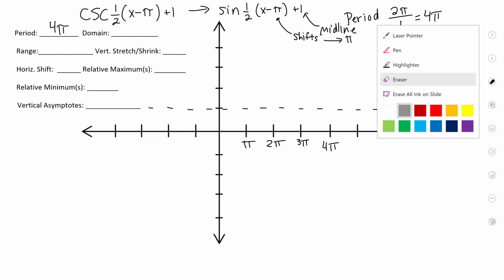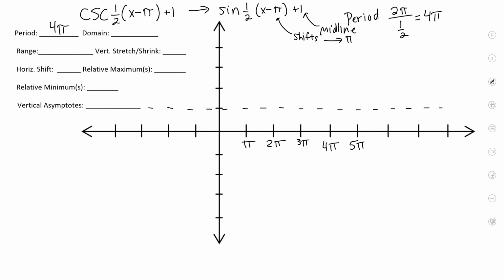So I'm going to go over another pi, and my graph is going to start here because it shifted to the right. And I'll just graph my points. Okay, we're starting here instead of here because it shifted pi to the right. That's why I'm starting there.